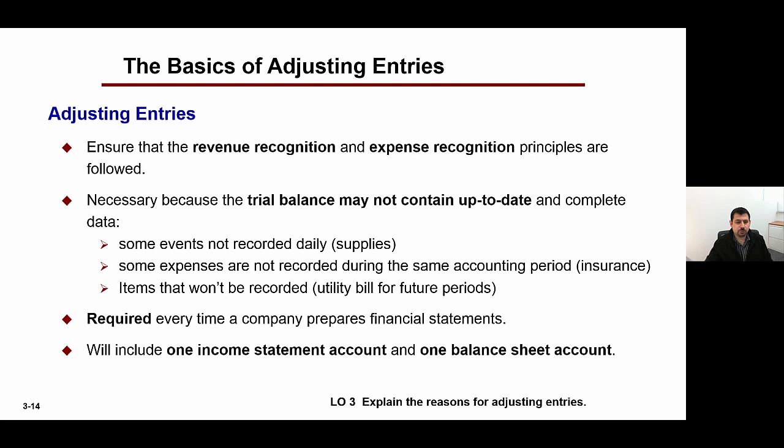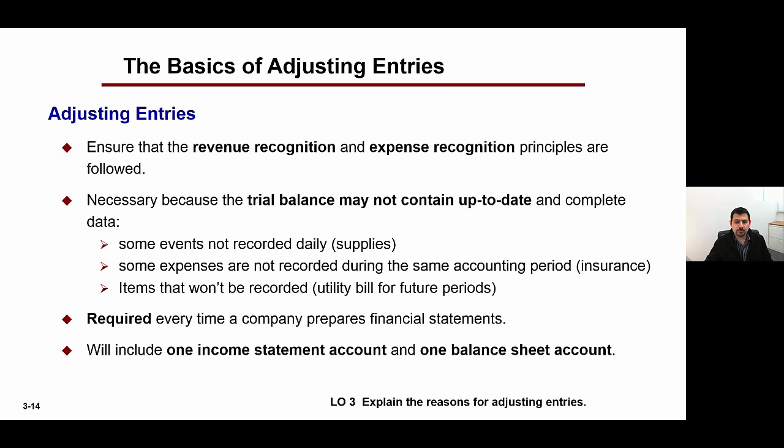Then we also have certain revenues that we might be paid in advance. We have already talked about prepaid expenses and unearned revenues, and we will talk about that a little bit more later on.